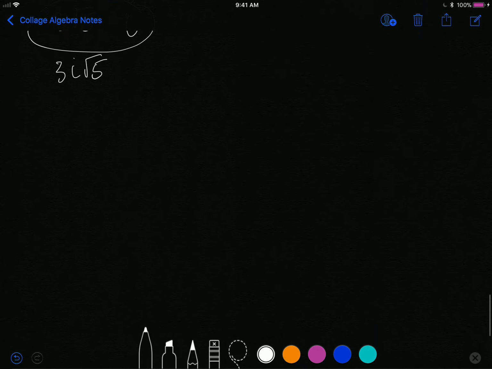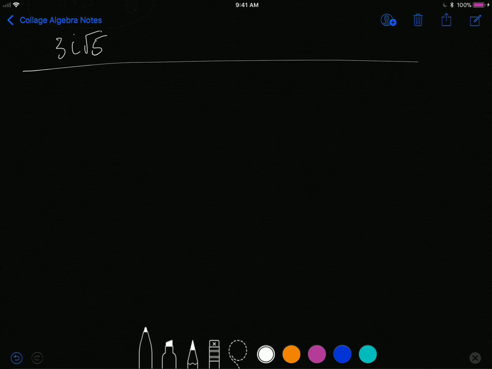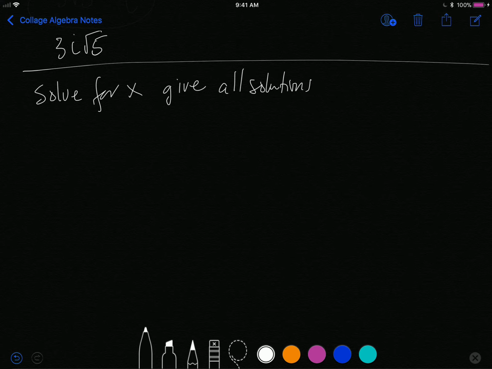So with that, let's solve this problem right here. Solve for x. You may have real or complex solutions, so give all solutions. And so I have 3 times x minus 2 squared plus 12 is equal to 0.